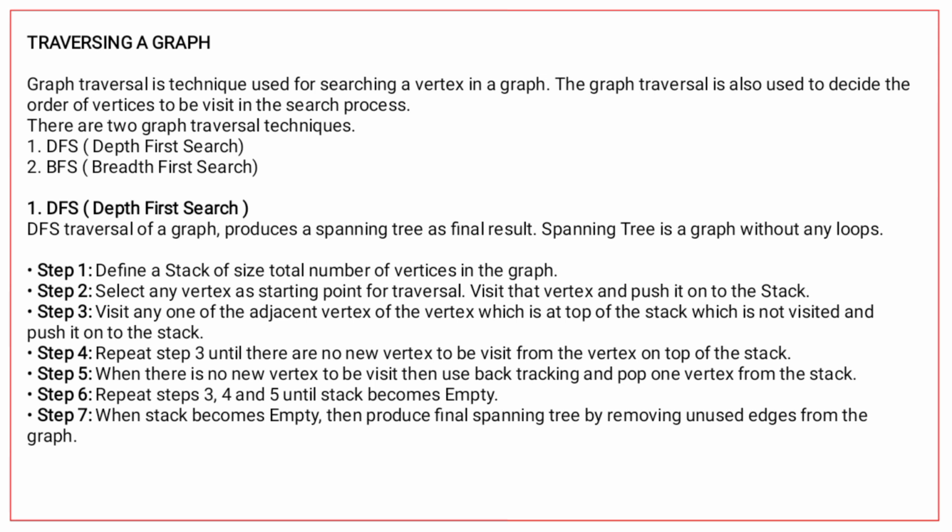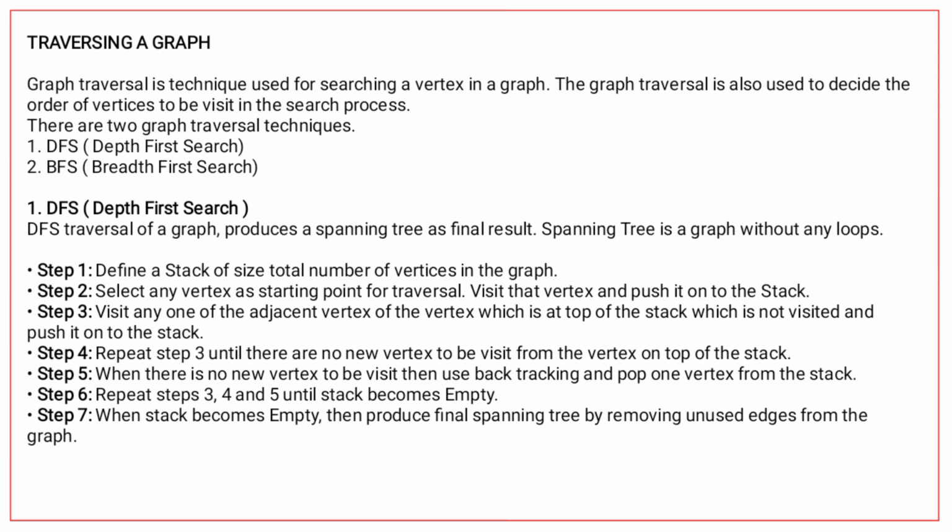Step 3. Visit any one of the adjacent vertices of the vertex which is at the top of the stack, which is not visited, and push it onto the stack. Step 4. Repeat step 3 until there are no new vertices to be visited from the vertex on top of the stack. Step 5. When there is no new vertex to be visited, use backtracking and pop one vertex from the stack.